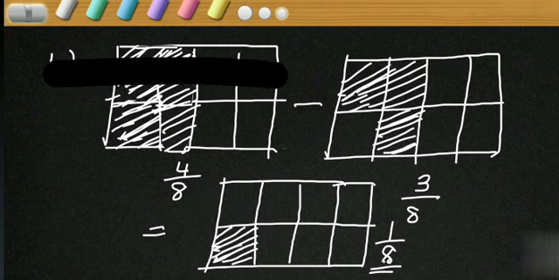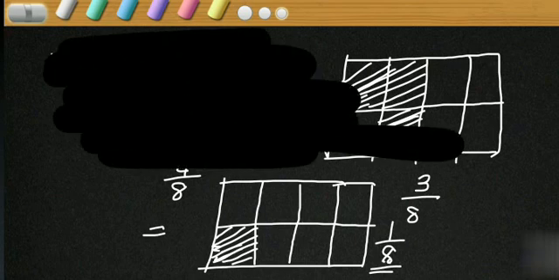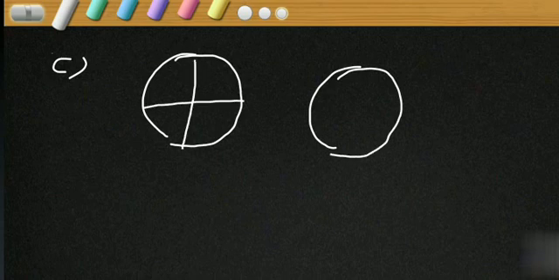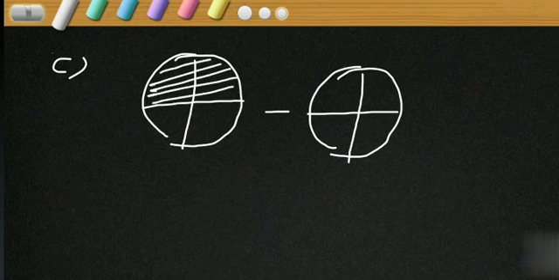Okay, now down the homework. Question number C, homework. Write down question number C. A circle, one more similar circle. Both circles are divided into 4 equal parts. In the first one, 2 are shaded, and in the second one 1 portion is shaded.